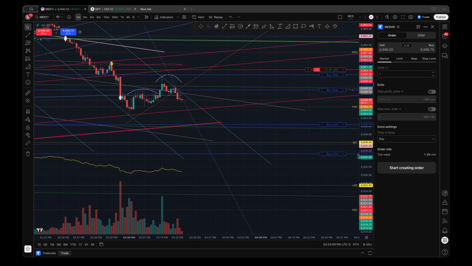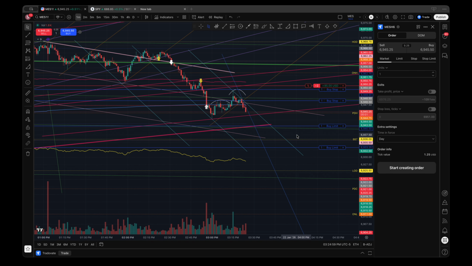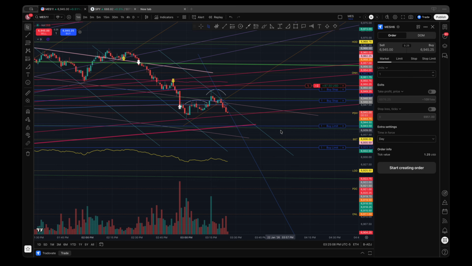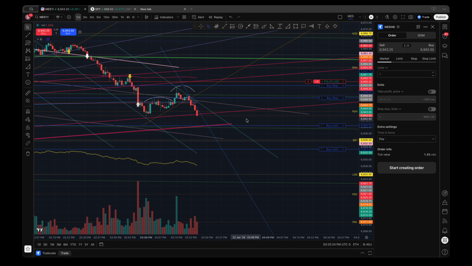We just rejected VWAP, and we also rejected pink. I think this place will be amazing next time to add two runners and protect here at magenta.